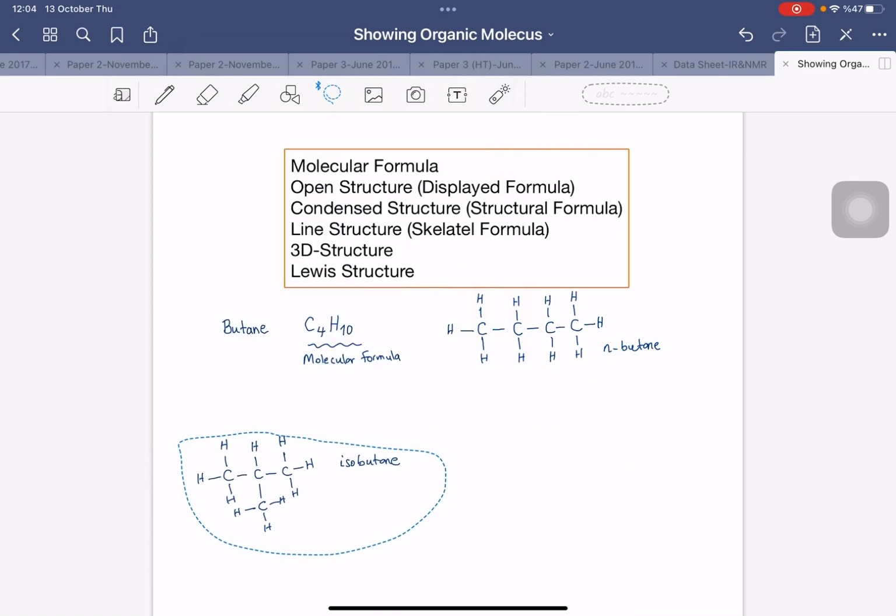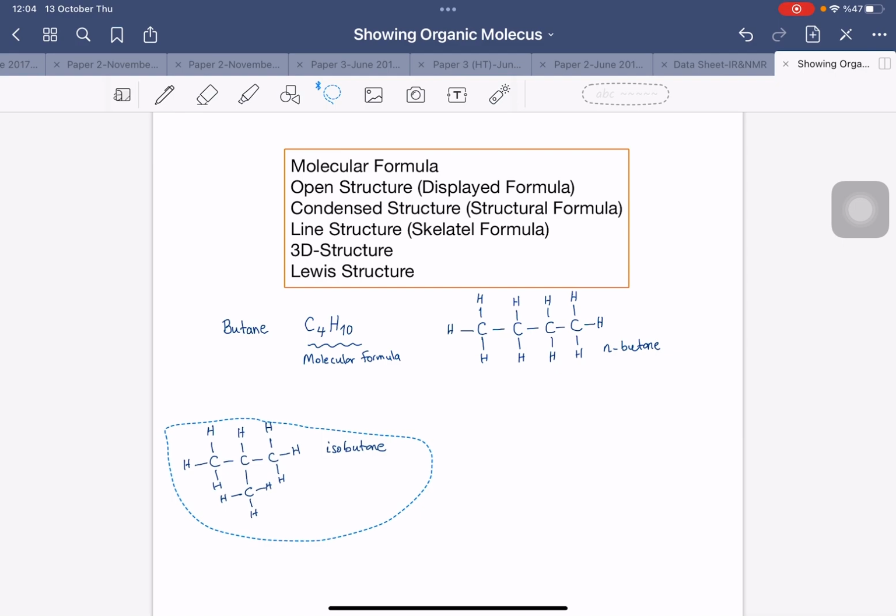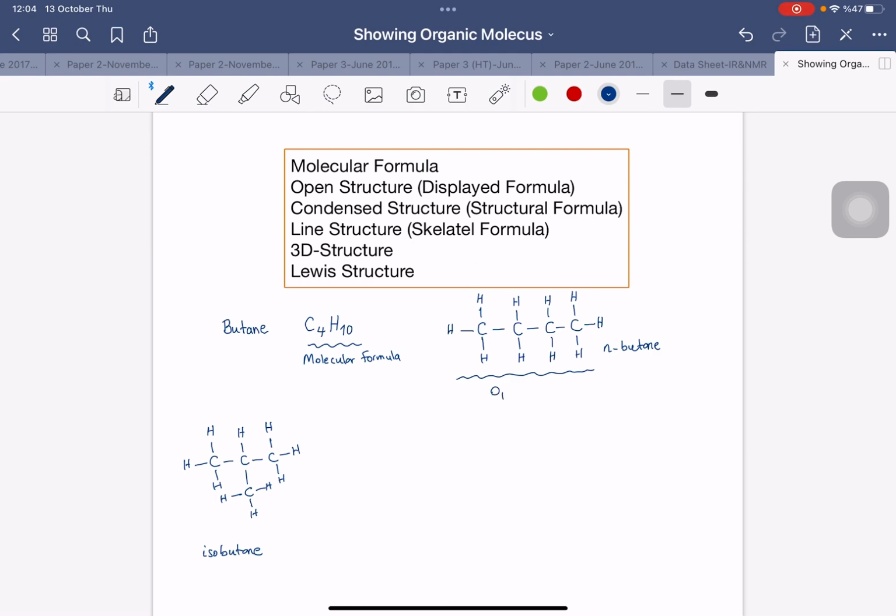One is the open structure of isobutane. One is the open structure of normal butane. In some books, this may be called displayed formula.